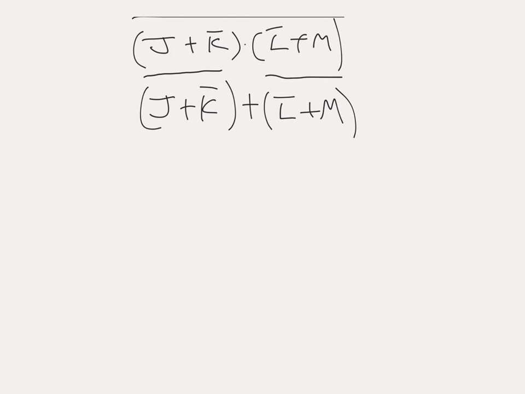All right. Now we can start to look inside the parentheses, because these bars are just over the parentheses. So I can break the line and change the sign here. Break the line, change the sign. J plus K becomes J times K NOT. And again, the bar is there and there. I broke the line and I changed the sign. I'm going to do the same thing on this side.